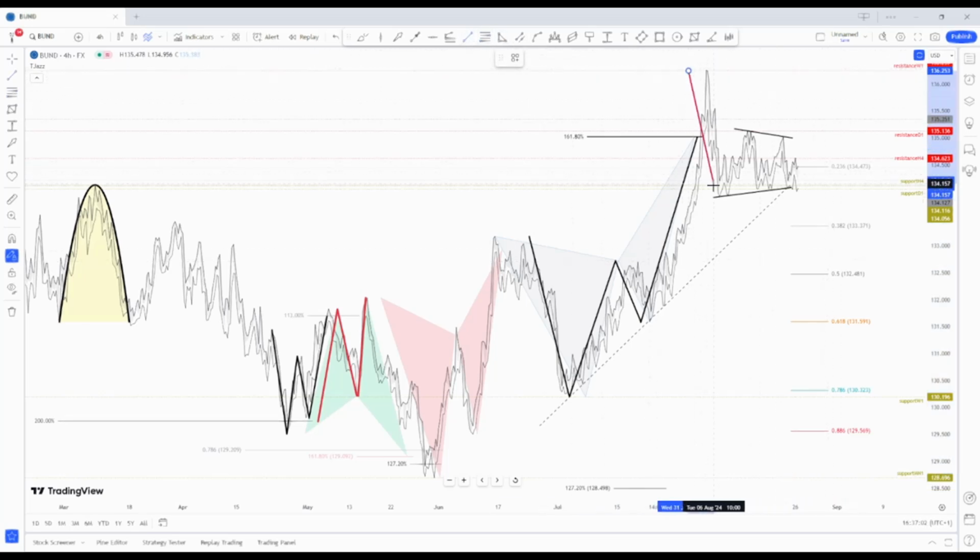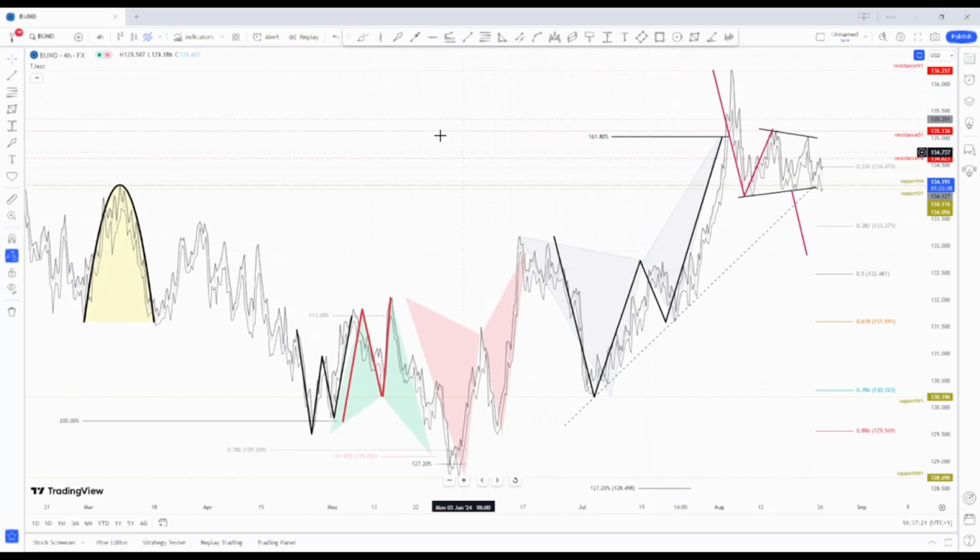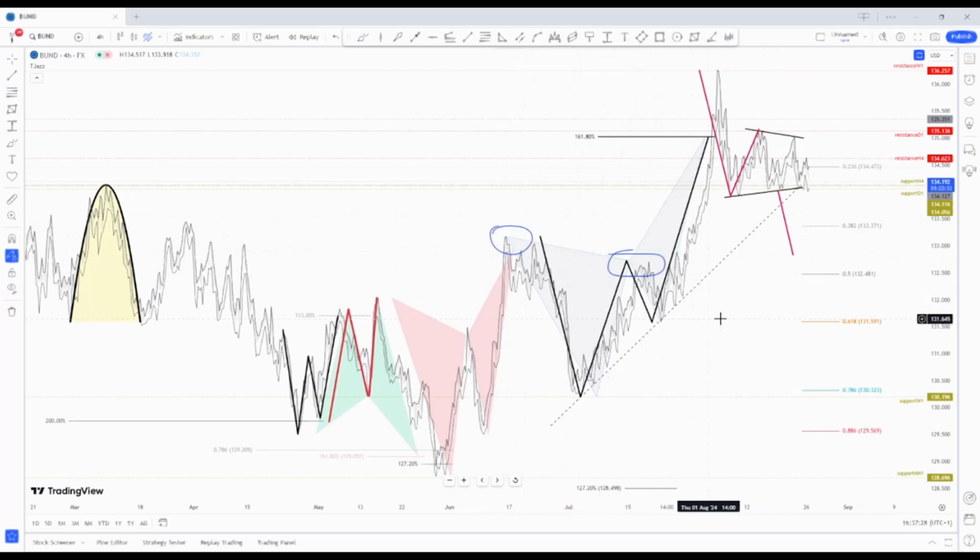So we have also the symmetrical projection for this same pattern. Let's see how the market will behave, but that's one of the possibilities to unfold into a symmetrical pattern that points to 132.18. So basically, or roughly, to this previous fractal of resistance levels.